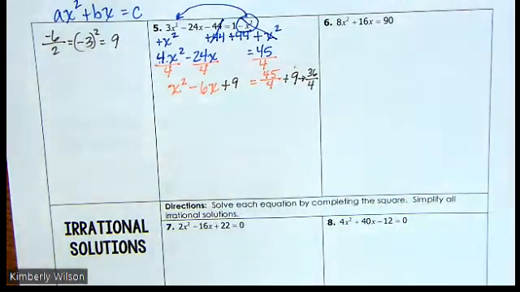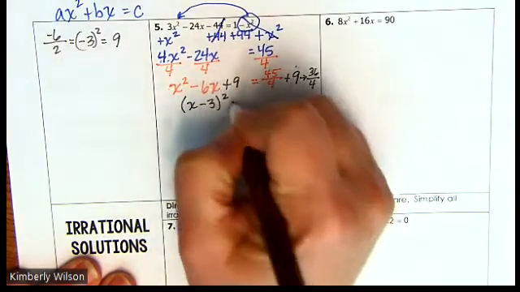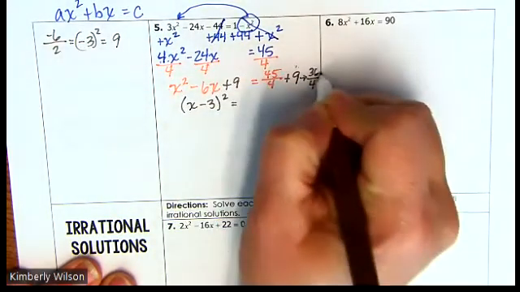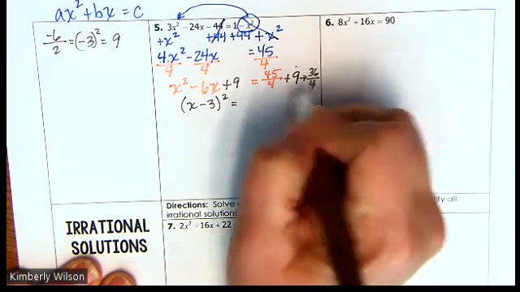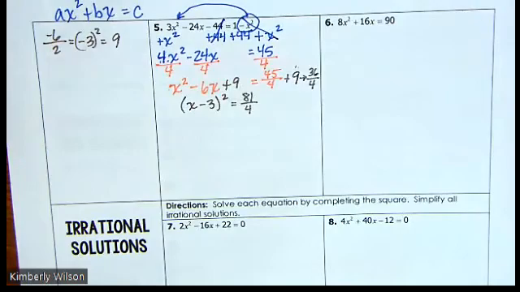So now we end up with x minus 3 squared equals 45 plus 36, which is 81/4.